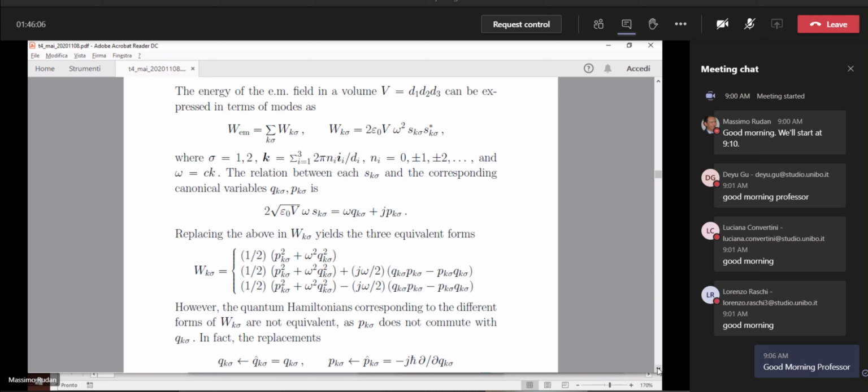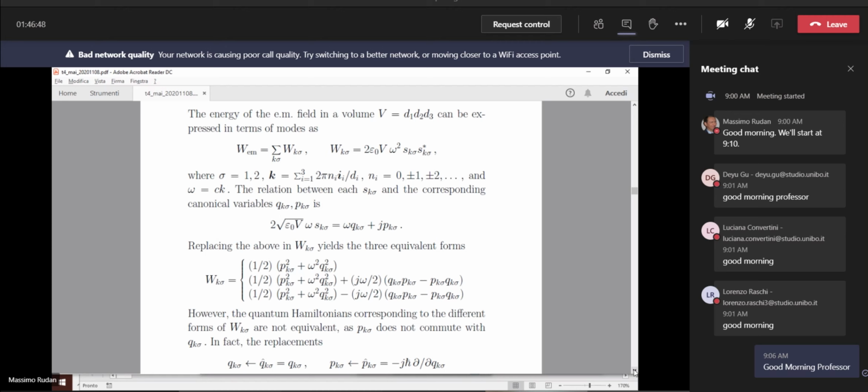Given that, what is the expression of the electromagnetic energy associated to each mode and to each polarization? It is given by the expression that you can see here. It is 2 times the permittivity of vacuum, epsilon 0, times the volume of the box, times the square of the angular frequency.